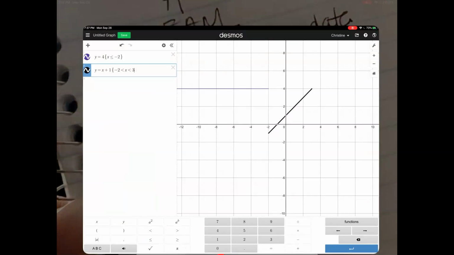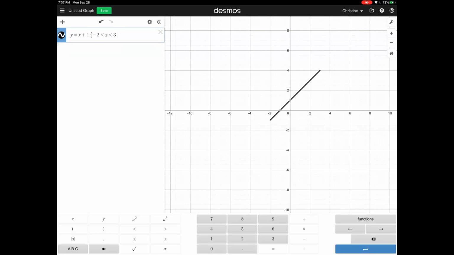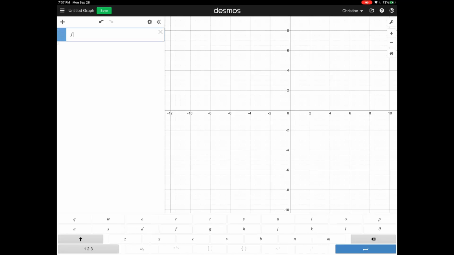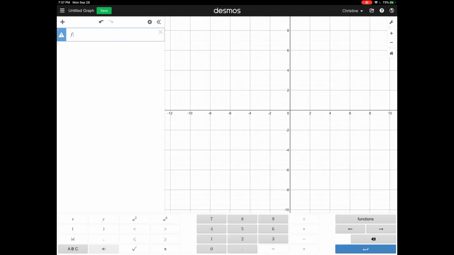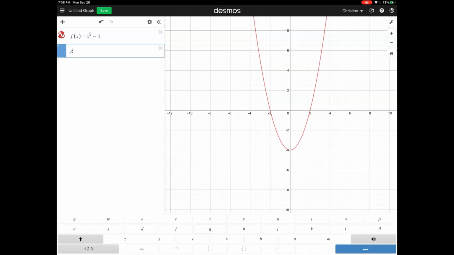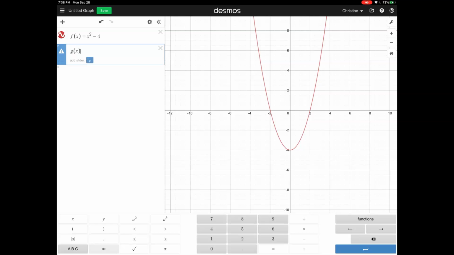So to put this in Desmos, let me remove these two. We had the f of x, so I'm going to just go ahead and type that in as f of x equals x squared minus 4. So that's our original function, parabola, and then our g of x equals x plus 2.